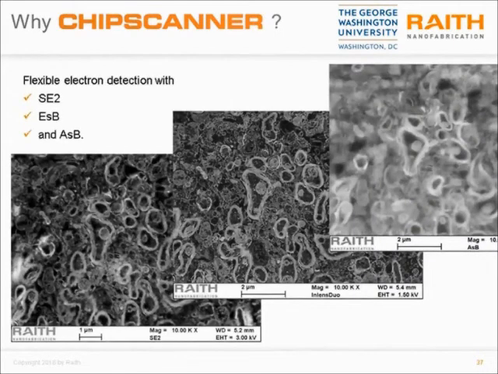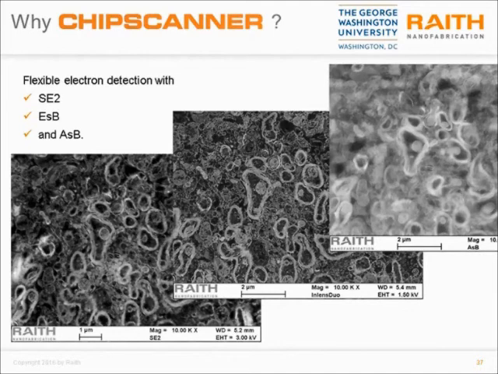So as for semiconductor reverse engineering, it is important to have a variety of electron detectors for imaging of neuronal tissue. And here we show just 3 different images of the same small area of neuronal tissue. Each image shows different information.